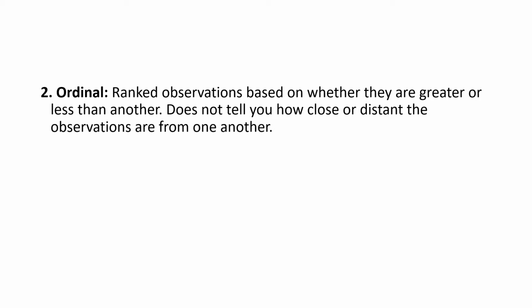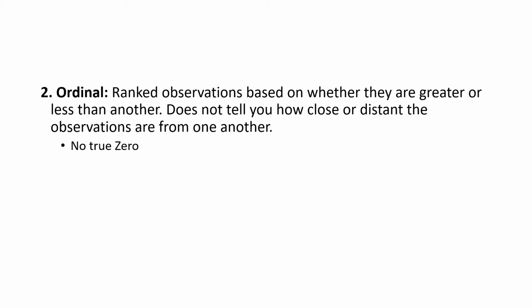An example is medaling in the Olympics. You've got a gold medal, a silver medal, and a bronze medal. It doesn't mean that the distance between the gold medalist and the silver medalist, whatever they were doing, or the score between them, is exactly the same as it is between silver and bronze. It just means that we know the order.